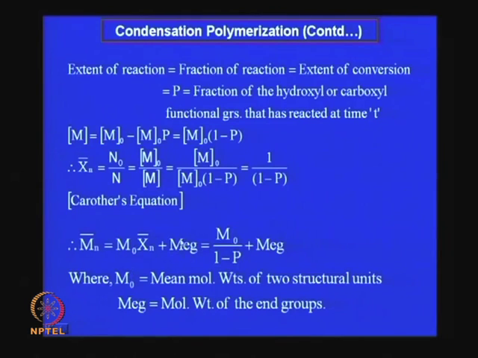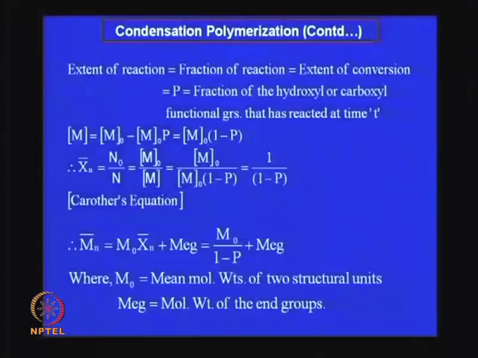Here you see MEG is there. Actually this M0 here is the mean molecular weight of two structural units, which I showed in the previous structural unit. That means the portion within the parenthesis. This is not a concentration term.